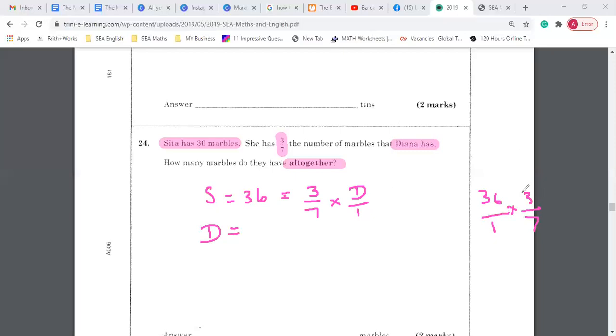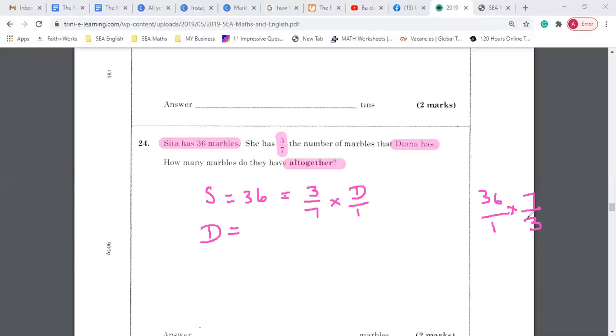So instead of 36 by 3/7, we're going to put 7/3 multiplied by 36. All right, because we have to find how many marbles Diana had to begin with. 36 represents 3/7. So therefore, 7 out of 7 is how much Diana has, the whole.